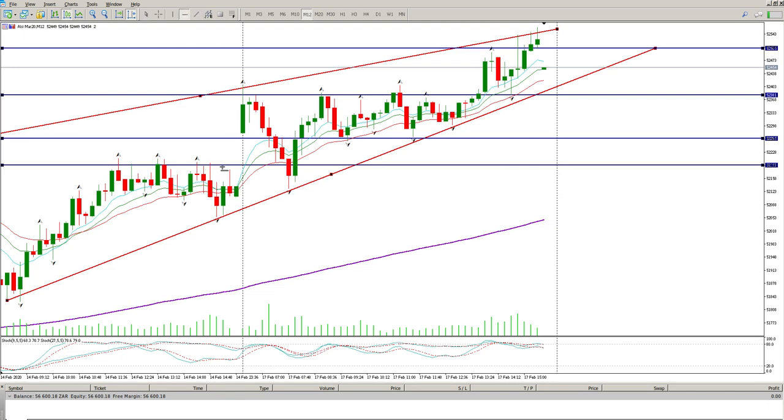And if we get through the 52,200, then your next level is definitely going to be the gap close here at 52,117, and that would be the full wedge target. At the same time, that would give me an opportunity to get long, and I think that's pretty much probably going to be the building blocks for a bigger range.